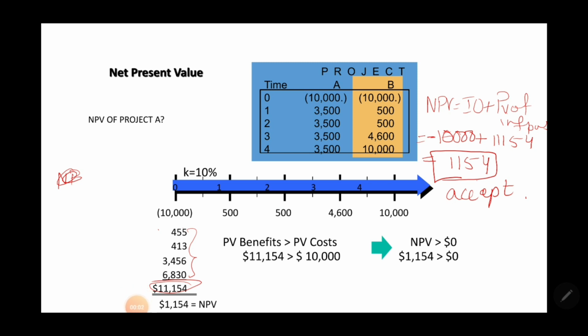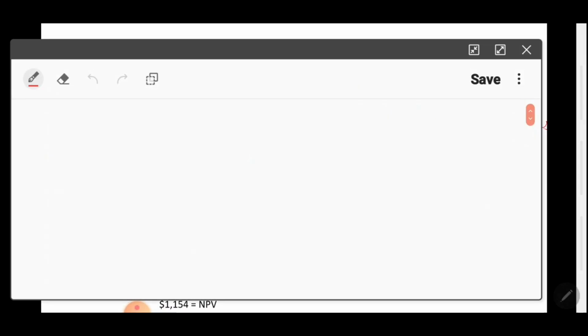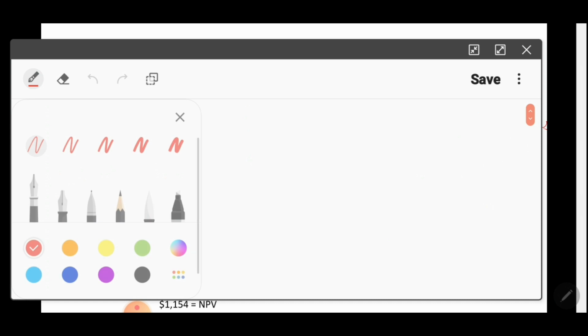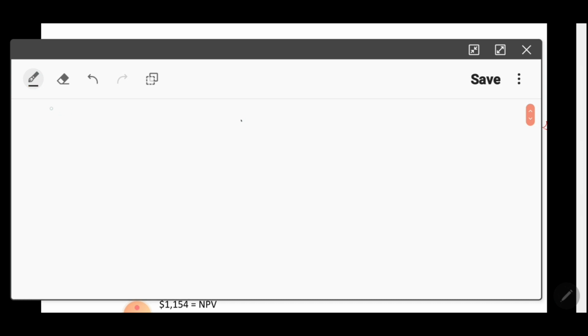Okay, so now we're going to calculate the NPV for project A as well. I'm going to open a note for that, and we're going to recreate the timeline over here. I'm going to use a black pen. So 0, 1, 2, 3, and 4. We have an initial investment of 10,000.